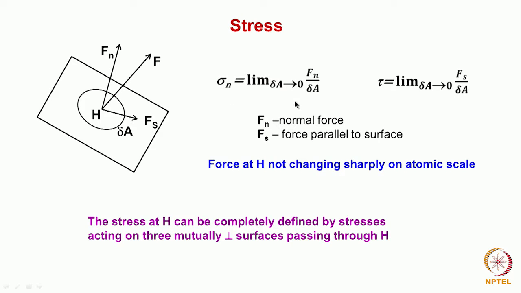Sigma equals limit, if we assume that the force is being applied in some particular direction across some area of the sample, as the area tends to 0, what is going to be the force? That is called the stress. This is how stress is defined. Is this clear?